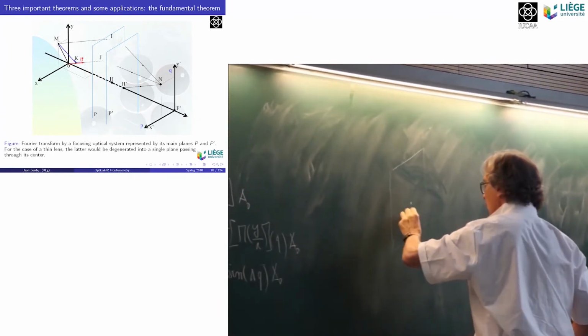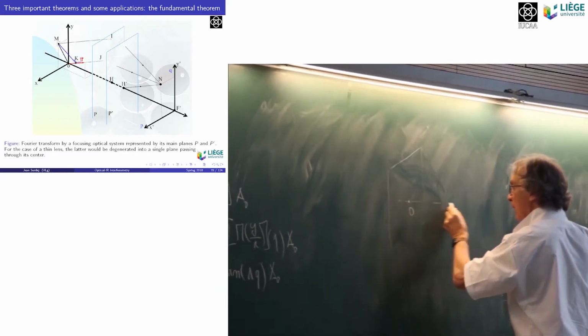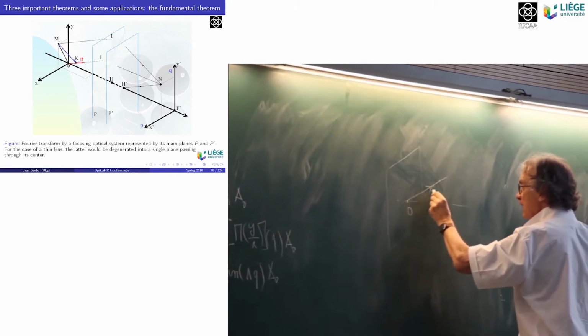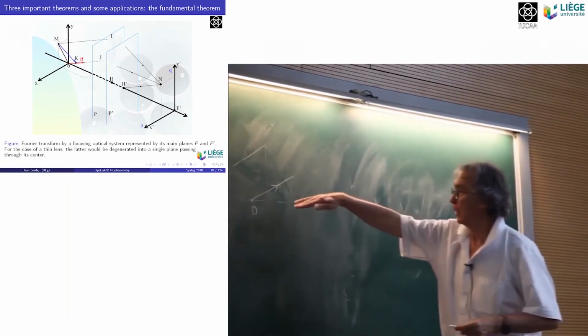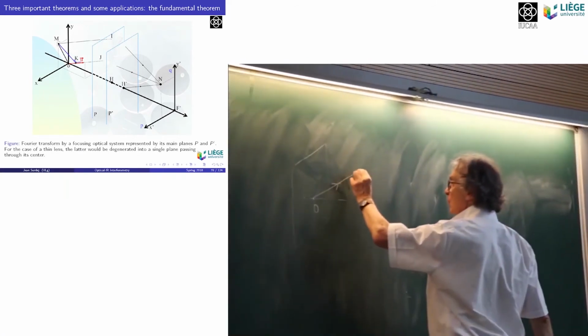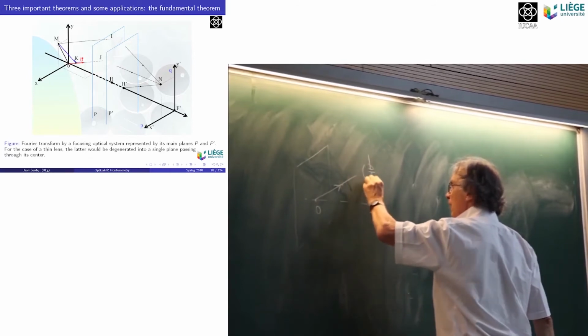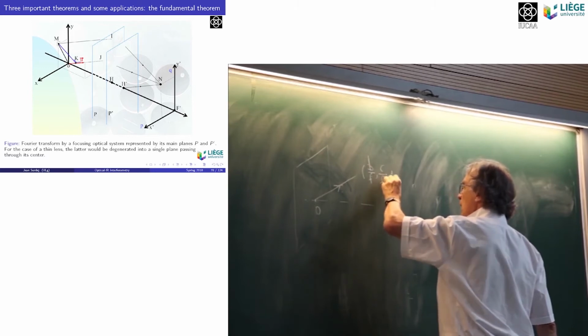Here I have the point O. Let's assume that I'm observing the star in that direction. Now I decide that the unit vector along that direction has the following coordinates: b over f, c over f, and here 1.